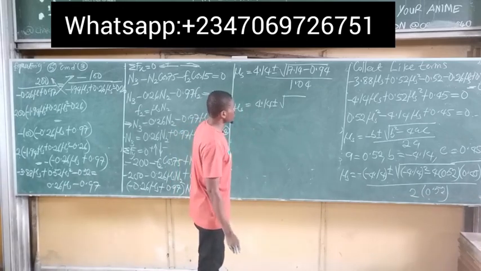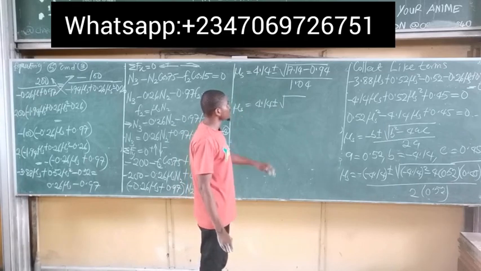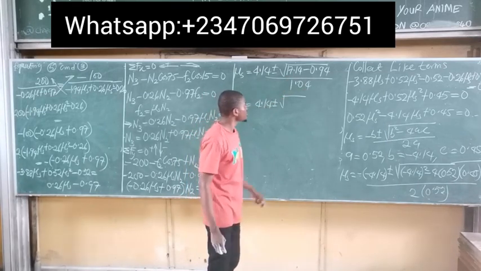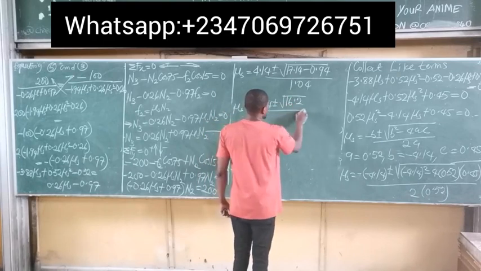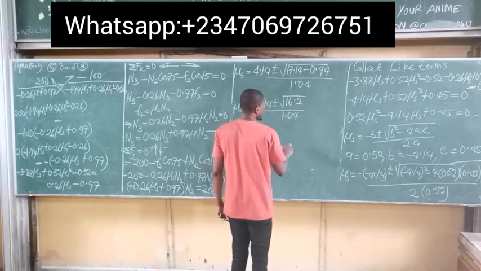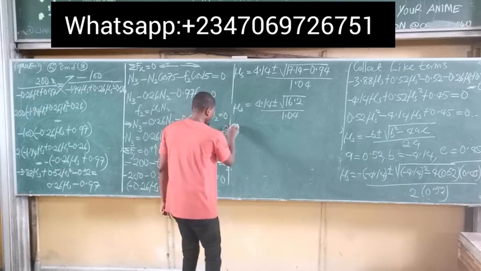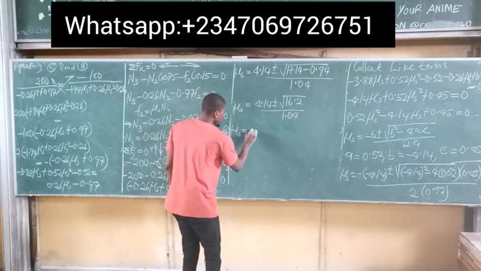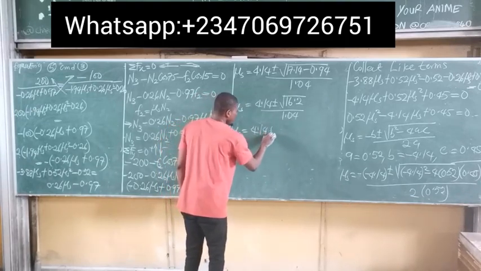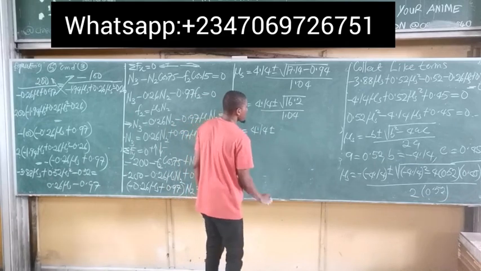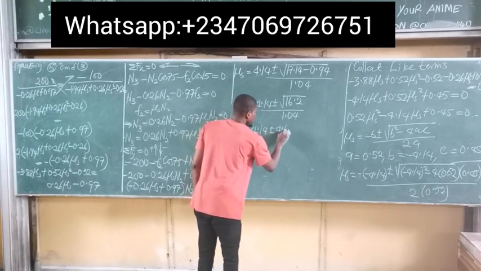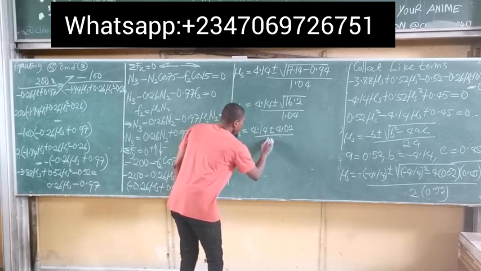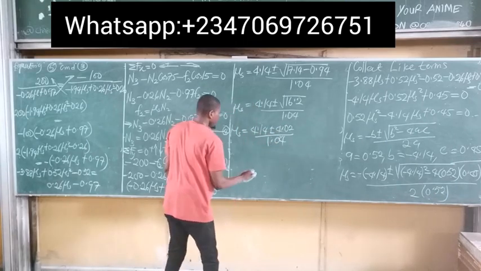Is it 16.2? 17.14 minus 0.94 is 16.2, all over 1.04. So mu x equals 4.14 plus or minus the square root of 16.2, which is 4.02, all over 1.04.